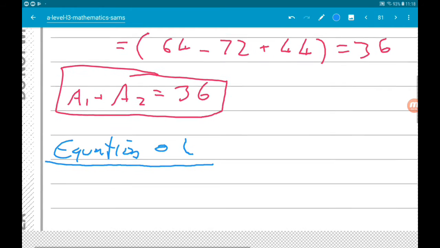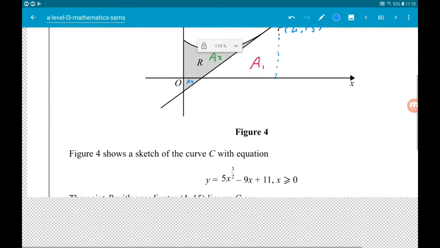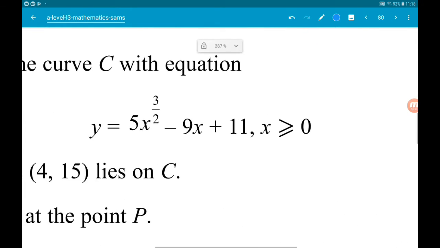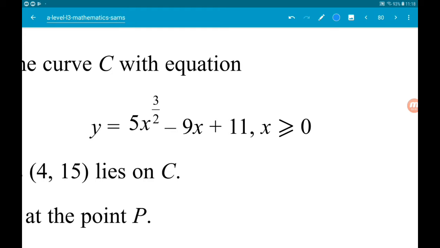So dy by dx is going to be, so the power of 3 halves comes down and multiplies the 5, so that's going to give us 15 halves x, and then the power goes down by 1, so it goes down to 1 half.